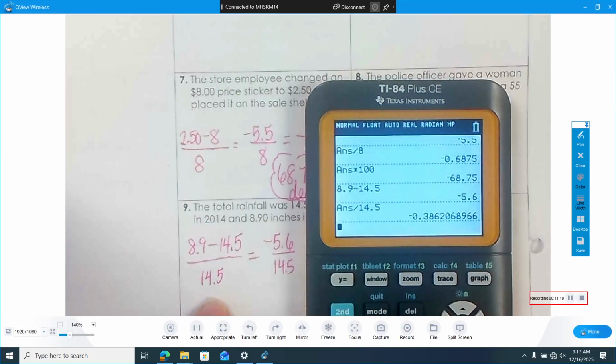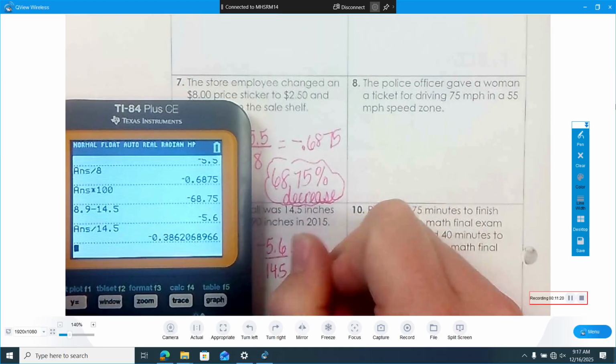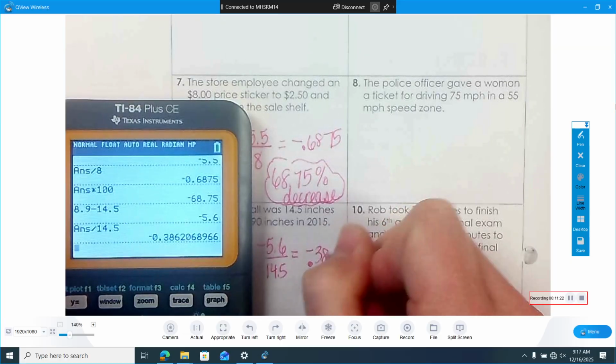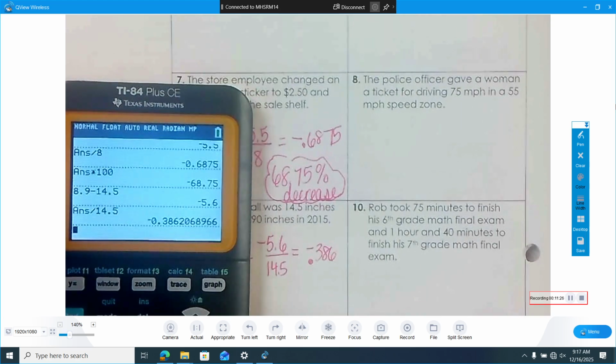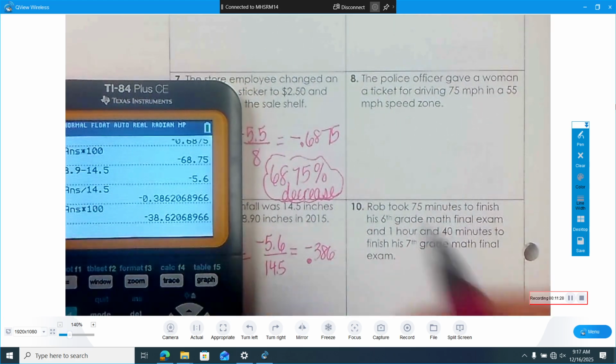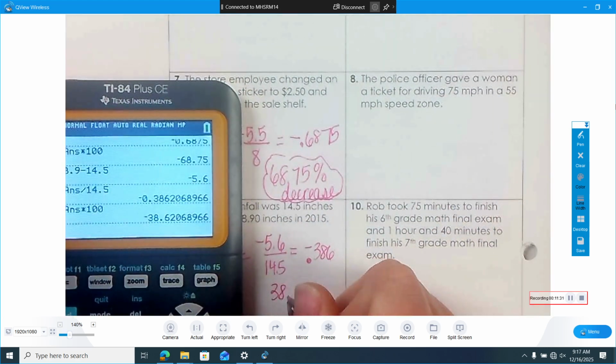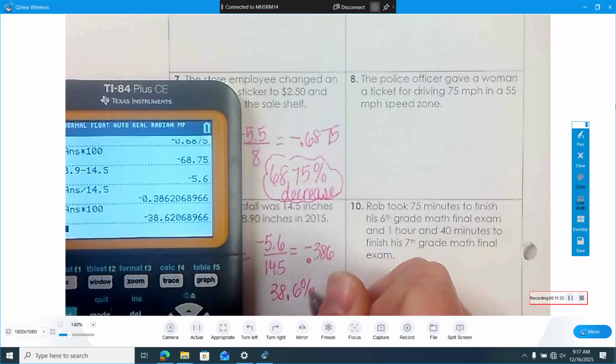So I'm going to divide by 14.5, and I get negative 0.386. And then I need to times by 100, and that's going to give me 38.6% decrease.